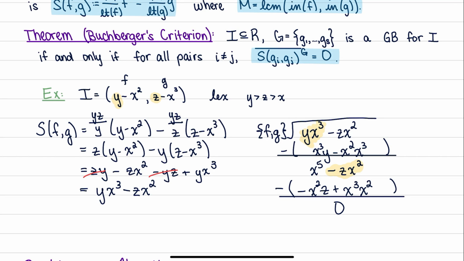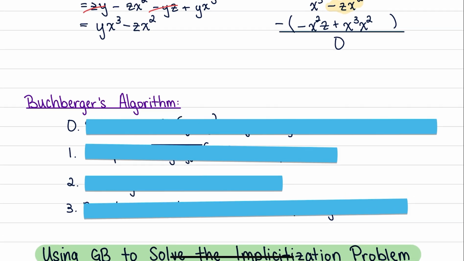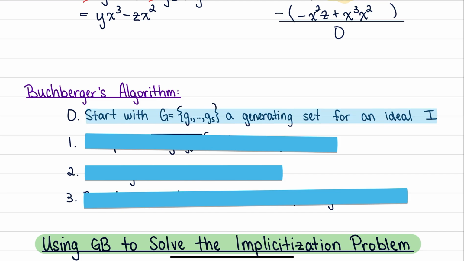So, okay, now we know how to check if I have a Gröbner basis or not, but how can I make one? That happens via Buchberger's algorithm. Step 0: let's start with a generating set for some ideal I. The first thing we're going to do is check whether this is a Gröbner basis already, because that would be cool if so, right?